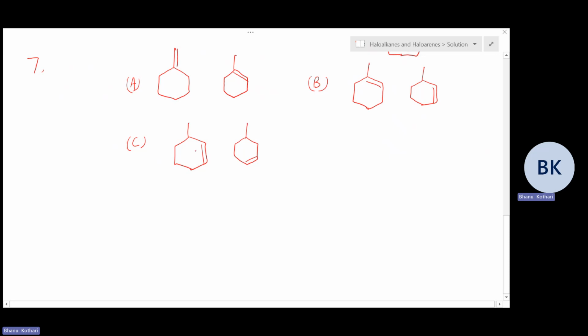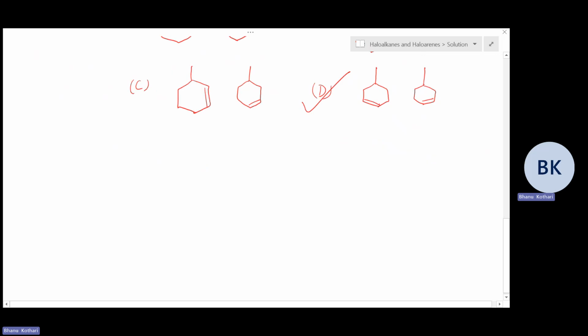This is 3-methyl cyclohexene, and this is 4-methyl cyclohexene, right? And in option D, there is only one compound. Since it is symmetric, either the double bond will form here or on the right side. Either way, we have the same product. We have 4-methyl cyclohexene. Okay, so option D is correct.